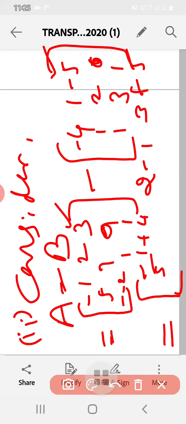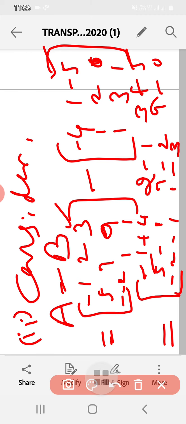Then second row, 5 minus 1, then 7 minus 2, then 9 minus 0. Last row here, minus 2 minus 1, 1 minus 3, then 1 minus 1. So this is the last row. So write this correctly, and afterwards we can make the simplification in the next step.